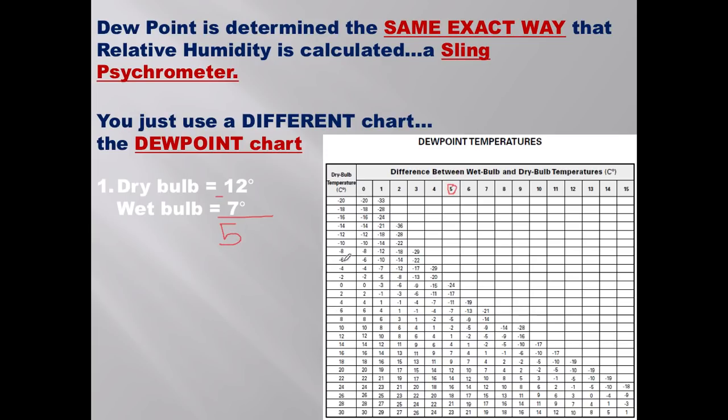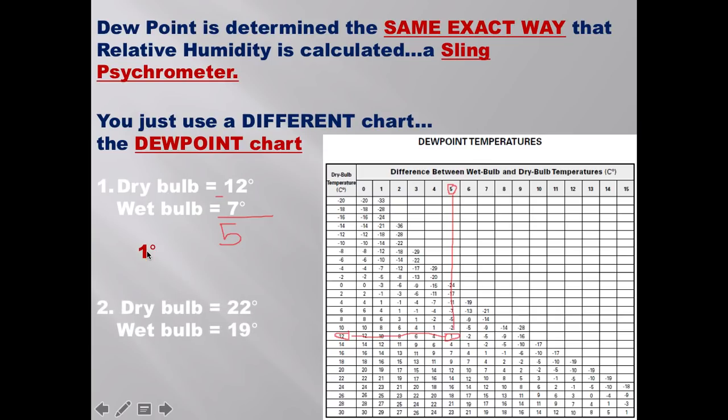Difference is 5, dry bulb is 12. This is going to be a temperature. Go straight down. So my dew point here is 1 degree. That means the air would have to drop 11 degrees to get to 1 in order for dew to form.